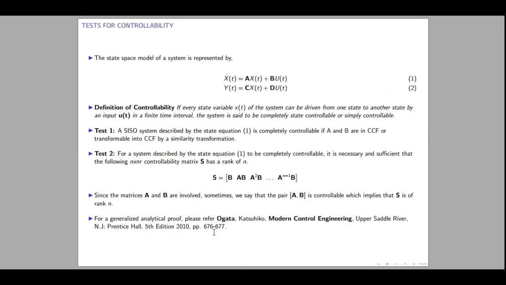Anyhow, this course is for undergraduate students, and for them this is out of scope, so I have not included the proof in this lecture. Only the results have been taken.